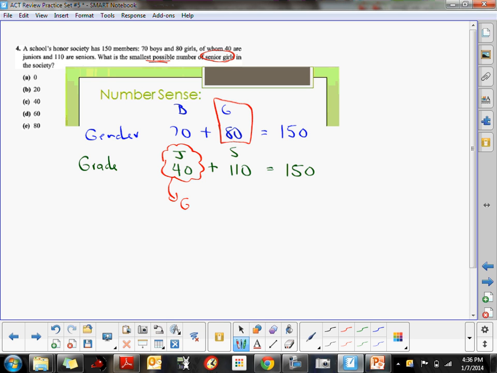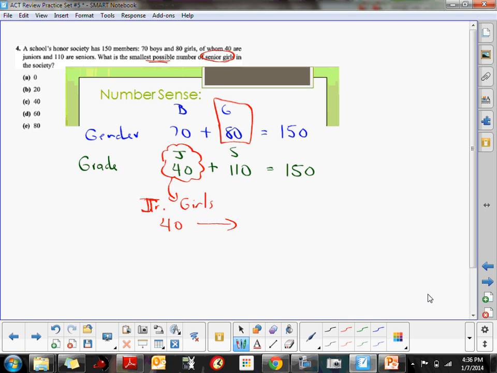So what if there are 40 junior girls? If we have 40 junior girls, then all that would be left for senior girls would be 40, because then 40 and 40 would give us 80.